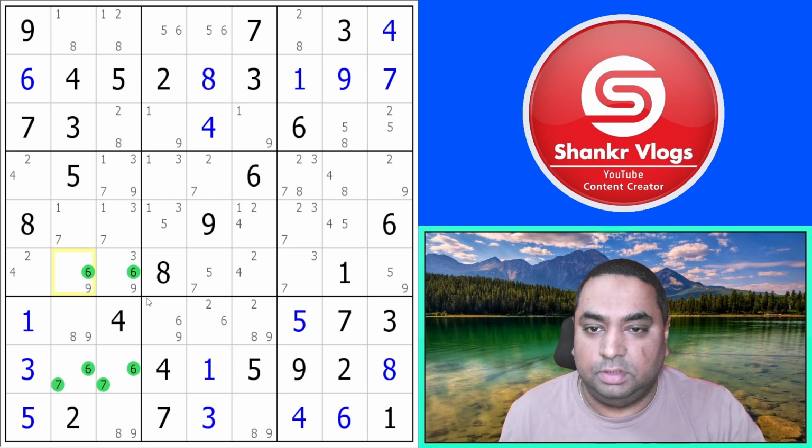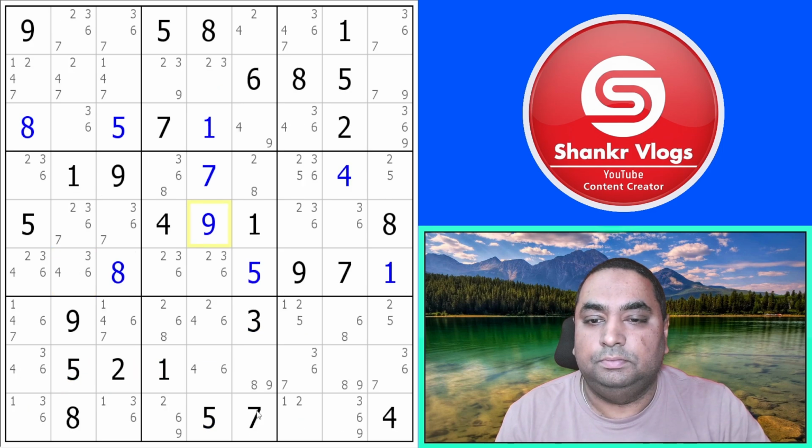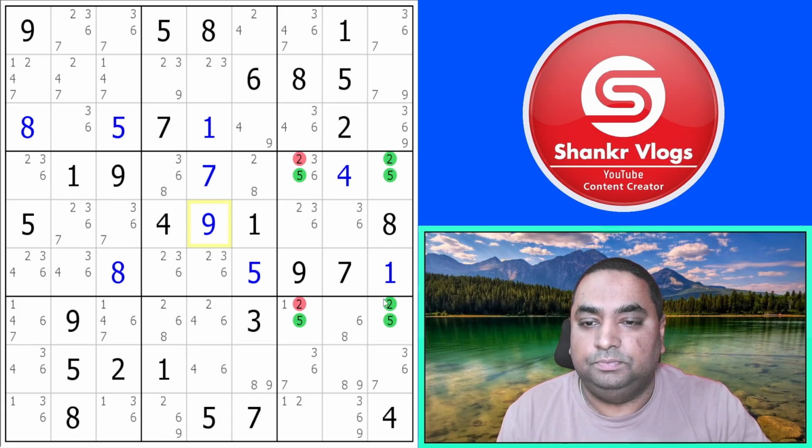Now we'll see another example. See here, 2 and 5 form the UR candidates, and opposite to this, 2 and 5 again. As we can see, 3 and 6 are additional candidates; we no need to bother about it.